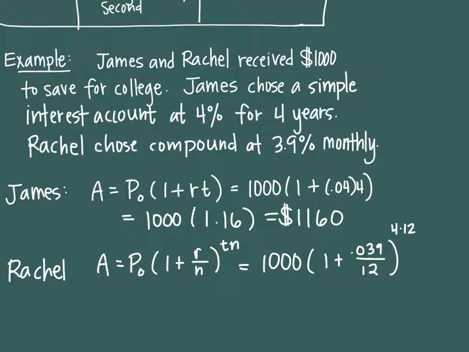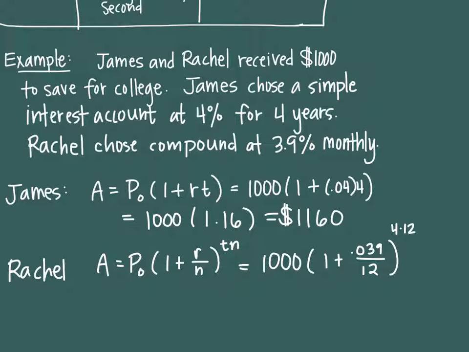Can I borrow yours a second? Like Isabel's has 1,000 times 1 plus 0.039 divided by 12, and then she has that little caret symbol. If you have that, then you can't type in 4 times 12. You have to type in 48, which is what 4 times 12 is. You have to actually work out the math first, because the calculator doesn't understand what you want it to do. If you have one like mine, you're fine to type in 4 times 12. Okay?